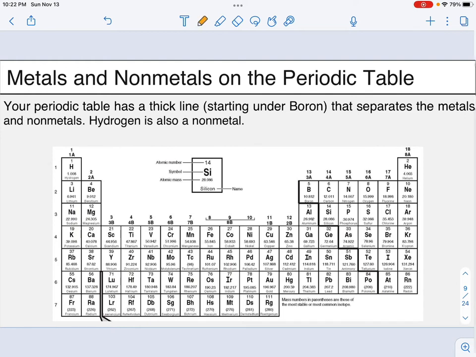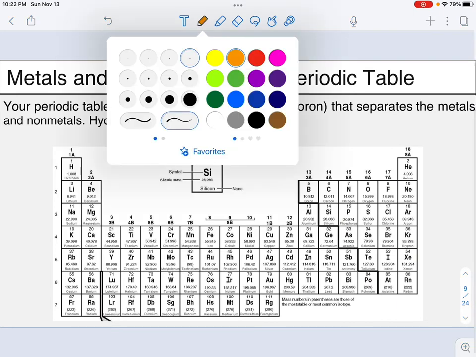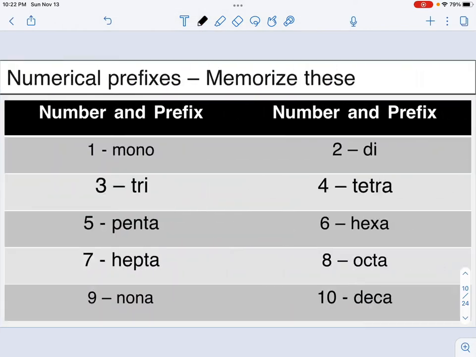So once again, I'm going to highlight it. Everything to the left of this line that I'm highlighting is a metal except for hydrogen. And everything to the right that I just crossed out is a non-metal, okay? So try to understand that, while I switch colors here. There we go. Okay.